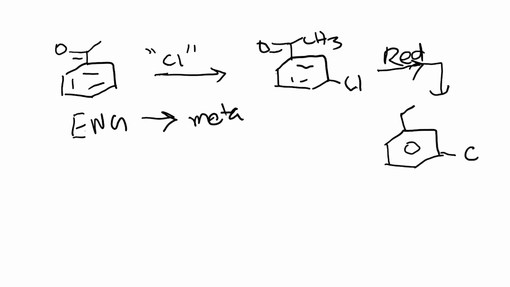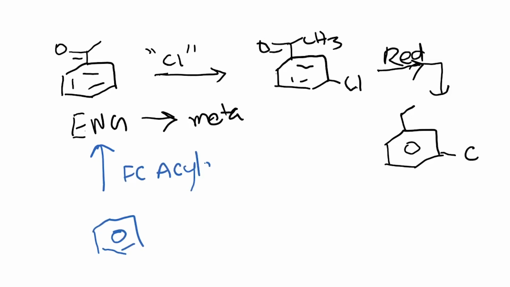Now, the way we would get to this compound is fairly straightforward. We start with benzene and do a Friedel-Crafts acylation. Okay, we start with CH3, C double bond O Cl in the presence of AlCl3. That's going to give you this compound.